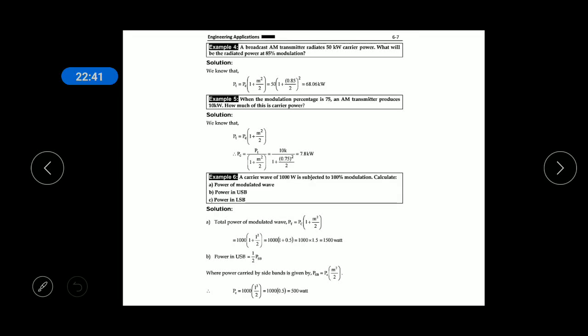Example 6. A carrier wave of 1000 watt is subjected to 100% modulation. Calculate power of modulated wave, power in upper sideband, power in lower sideband.